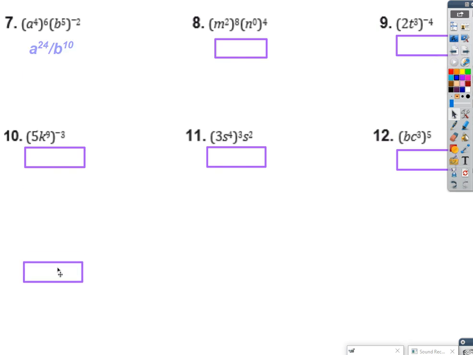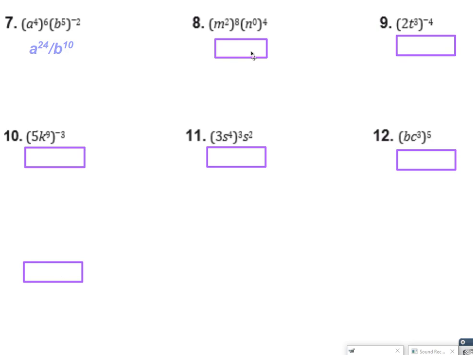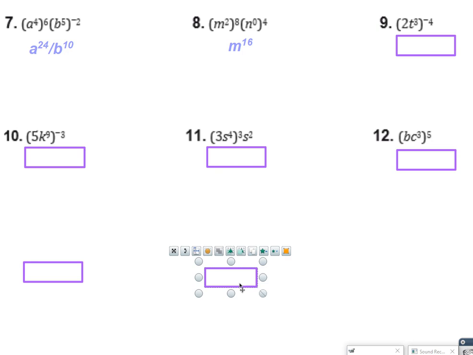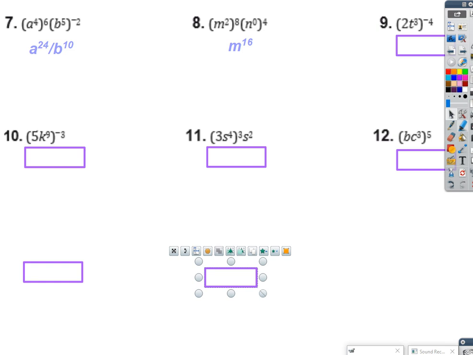Seven, a to the 24th, b to the 10th. 8, m to the 16th, and 0 times 4 is 0, so anything to the 0 power is 1.